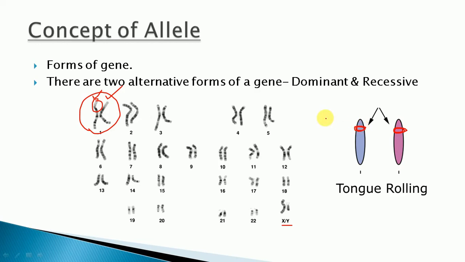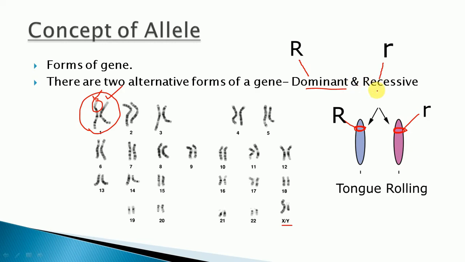For tongue rolling we represent the gene as R. If the gene is dominant we represent it as capital R. If it is recessive we represent it as small r. If the genes are capital R and small r, then that person will be able to roll his or her tongue. Why? Because the dominant allele is present. The main thing is that the dominant always suppresses the recessive one.